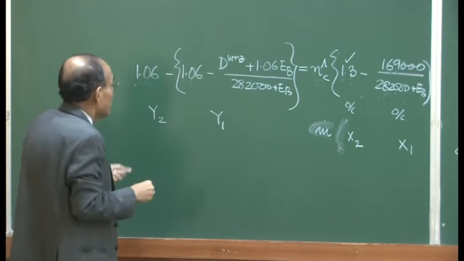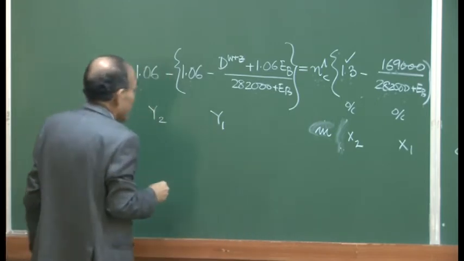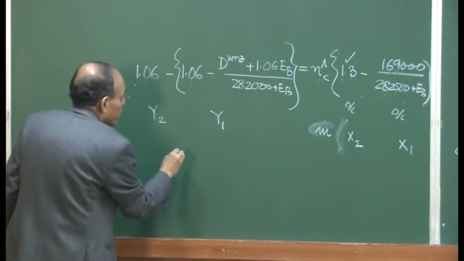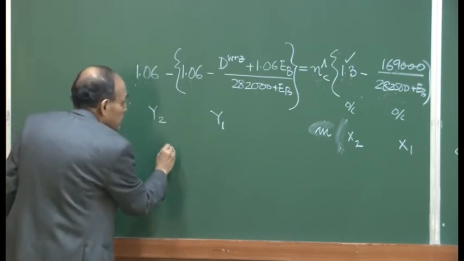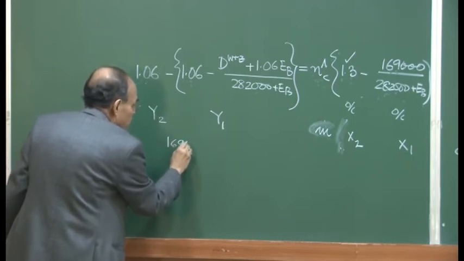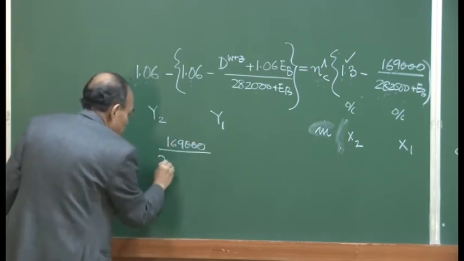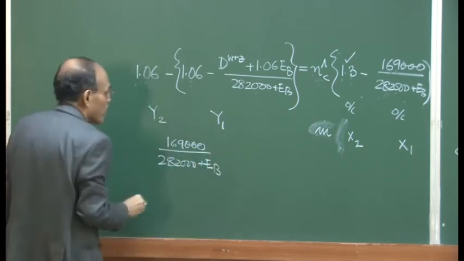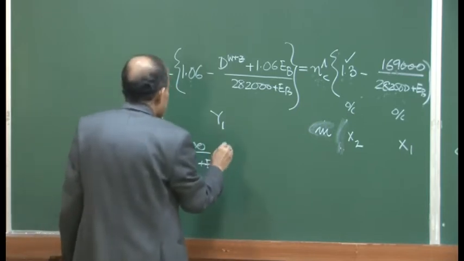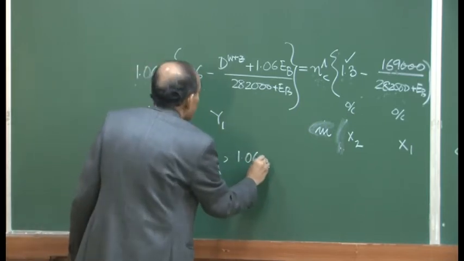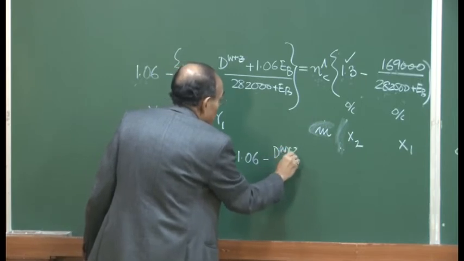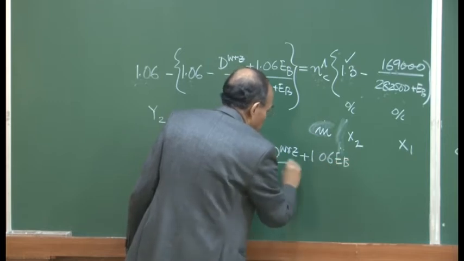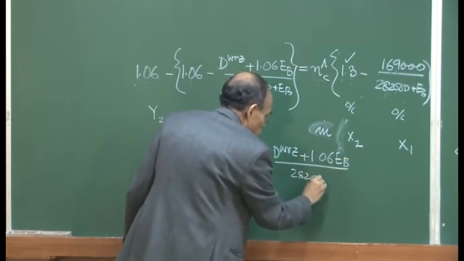So, I will say this line will pass through the points x1 y1 and x2 y2, where the points are 169,000 divided by 282,000 plus EB, comma, and this is going to be equal to 1.06 minus dWRZ plus 1.06 EB divided by 282,000.